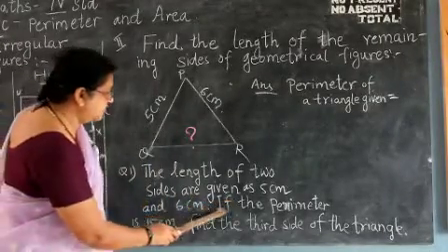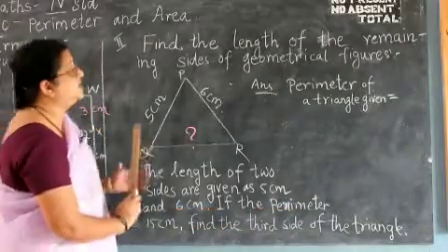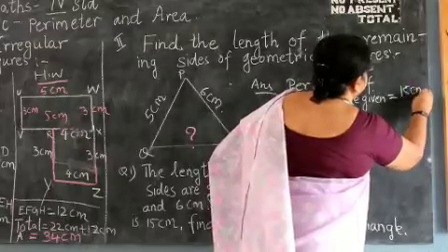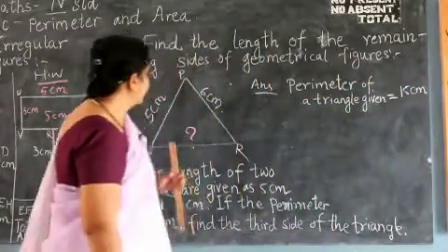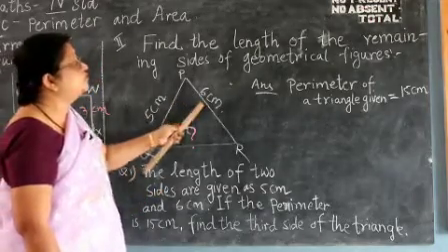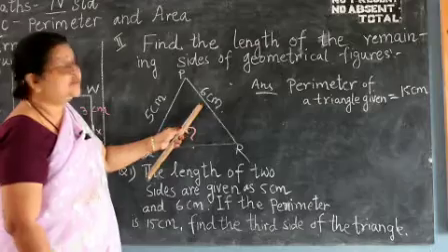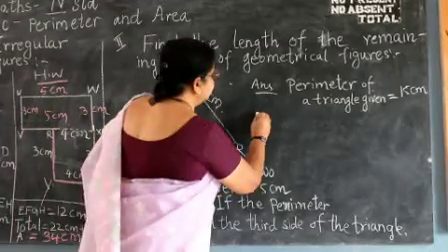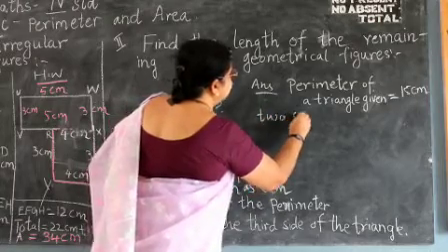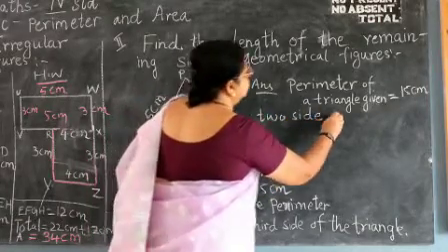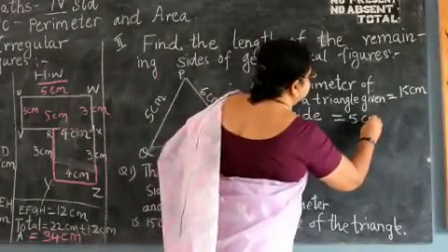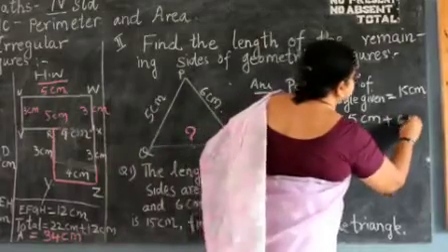If the perimeter is 15 centimeter, so they have given 15 centimeter. Okay, now what else is given? They have given two sides of the triangle. So the two sides given, you will write two sides is equal to how much? 5 centimeter plus 6 centimeter.